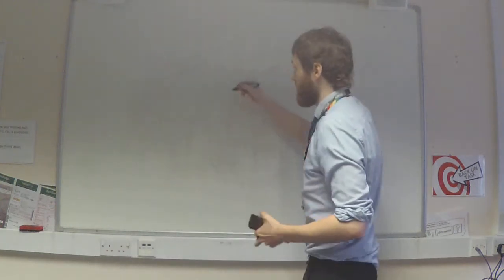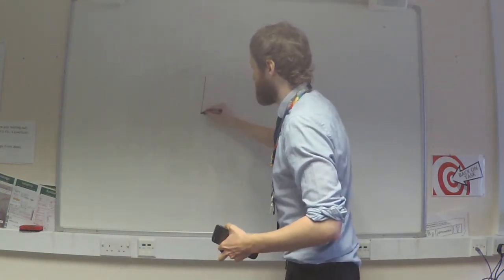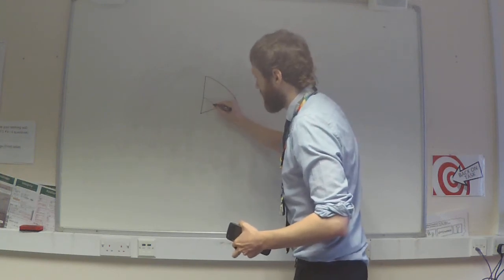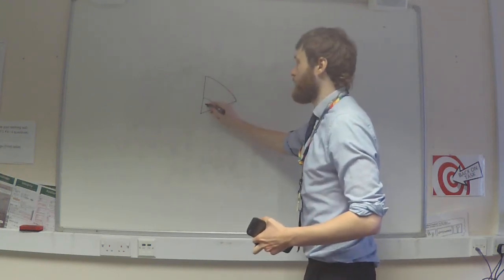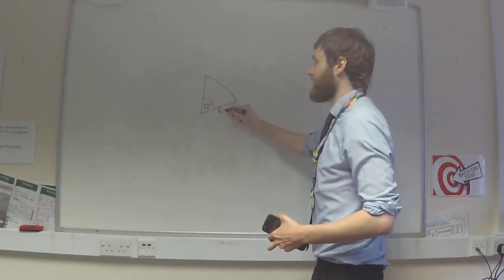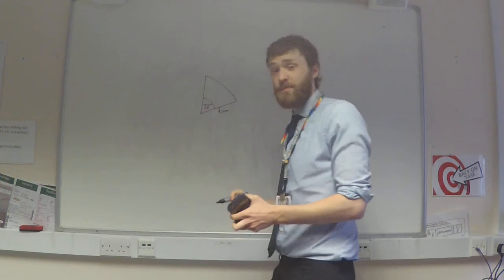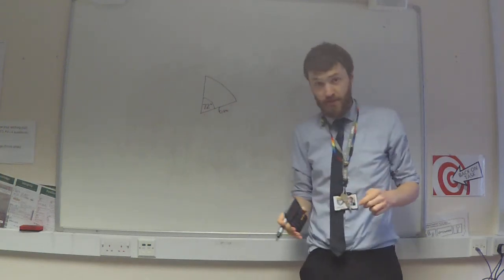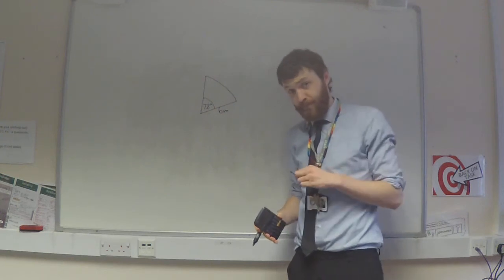I want you to have a go at this one, please. So that's the sector. The angle I'm putting in is 72 degrees and the radius is 6 centimetre. Okay, so 72 degrees there, 6 centimetre is the radius. Have a go, pause it.